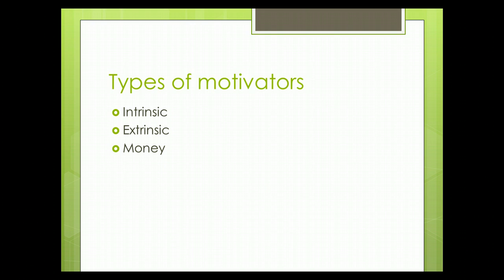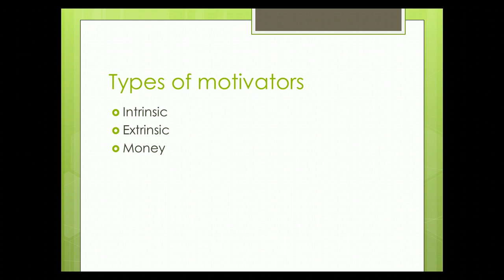It might be a punishment in a write-up letter. It could be a certificate of perfect attendance. Those are all extrinsic motivators that come from outside of me. These are outer influences that cause a person to act.